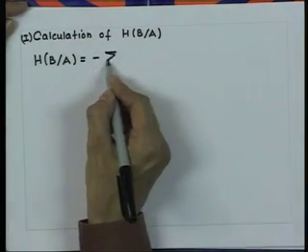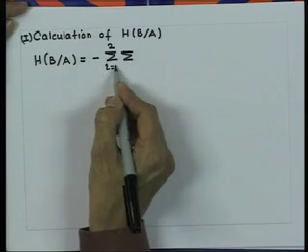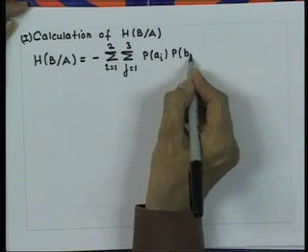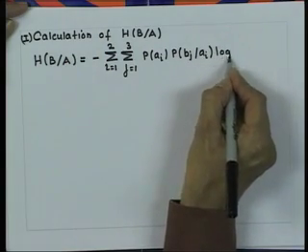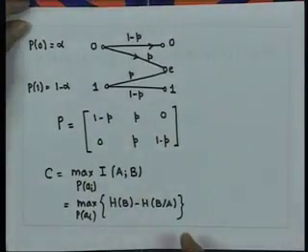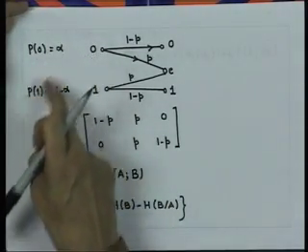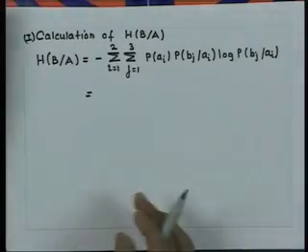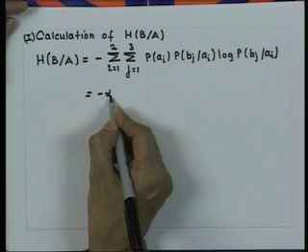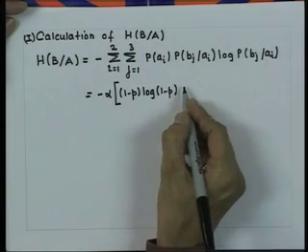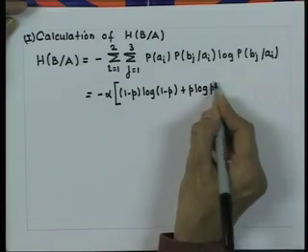Let us look at the calculation for H(B given A). This is equal to minus the double summation of probability of A_i, probability of B_j given A_i, log of probability of B_j given A_i. From this channel matrix, and with this probability model for the input alphabet A, we get H(B given A) equal to minus alpha times (1 minus P log 1 minus P plus P log P).